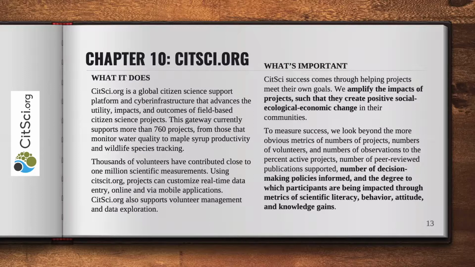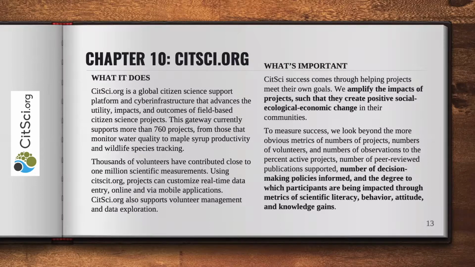So how is the public appreciating science more because they're participating in these things? But especially the policy decisions, they undertook some very detailed case studies, because they have, I think, 760 different citizen science projects. So you're not going to be able to analyze all of them, but you can do a few in depth.